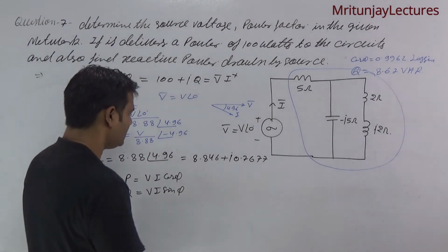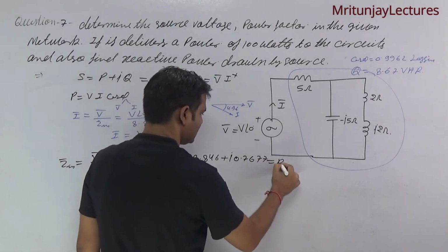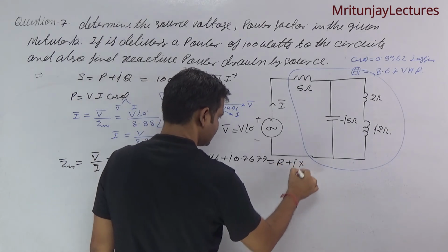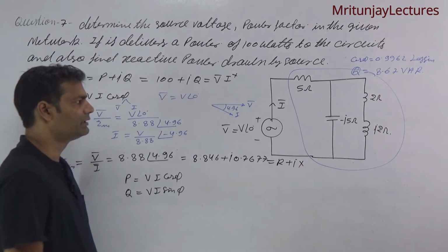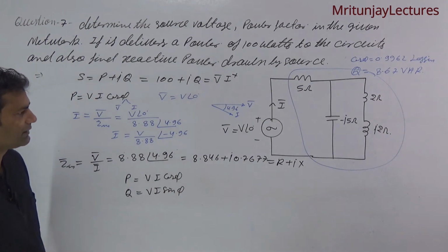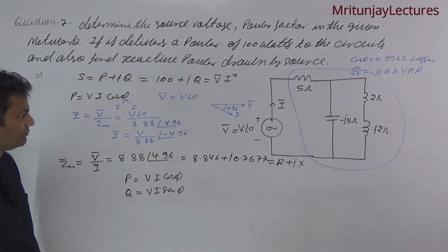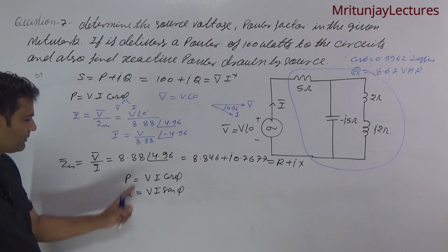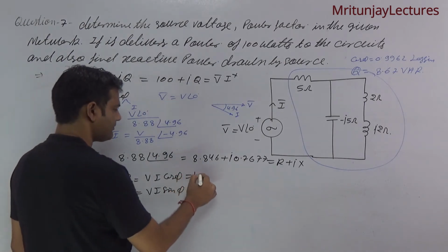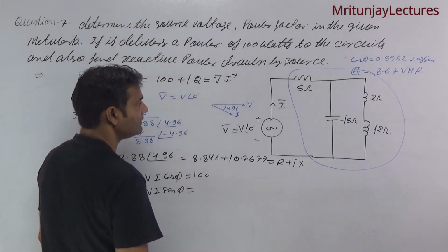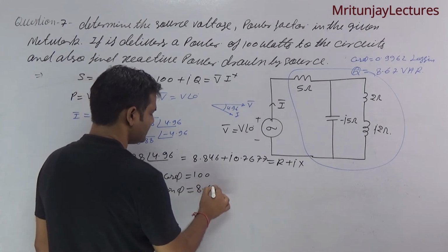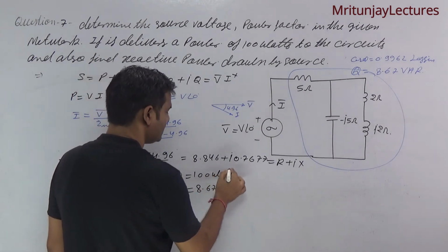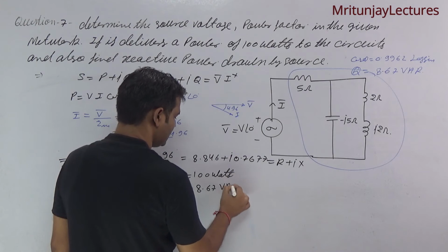Okay, this is R equivalent plus J X equivalent. Now what about active power? Active power is 100 watt. Reactive power is 8.67 VAR.